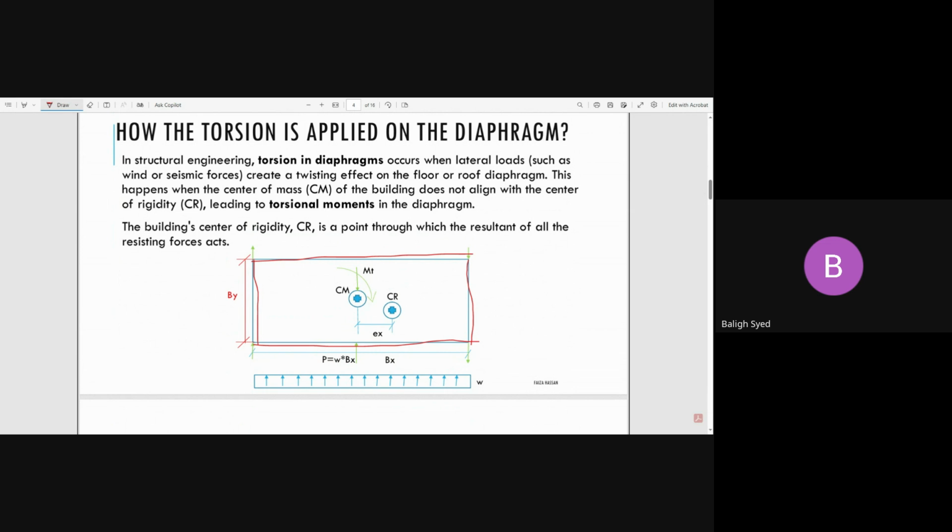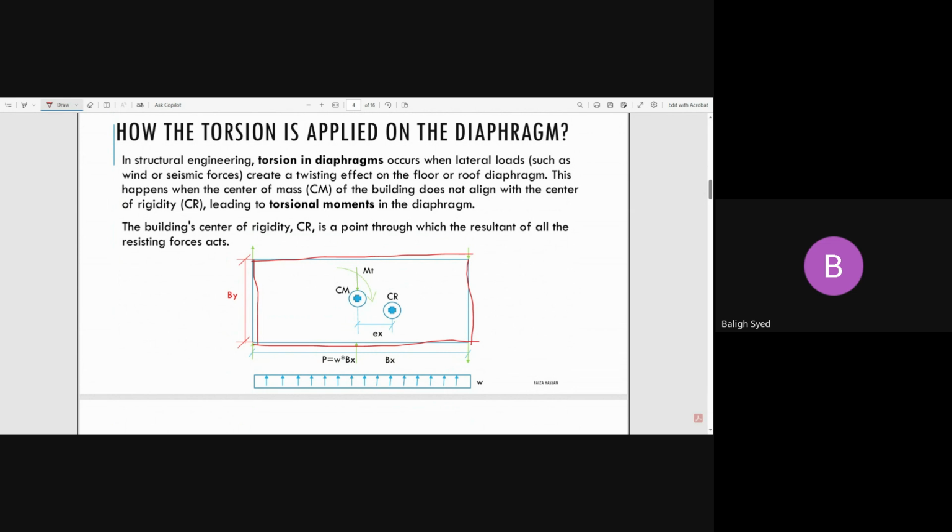What is the default eccentricity? The building's center of rigidity, CR, is a point through which the resultant of all the resisting forces acts. CM is the center of mass. So eccentricity is essentially the offset between these two points.